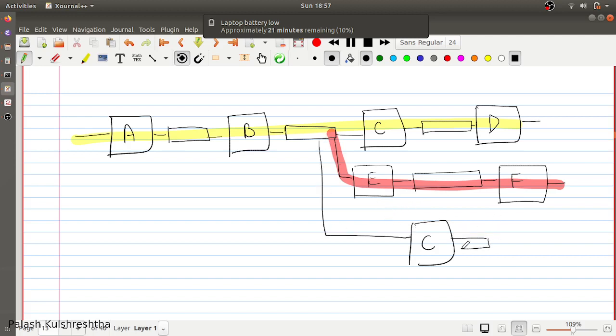Let's assume that it is pushing a message here, and we are basically sending the data from here to here to here, right? So what is happening is, first of all, there is a yellow pipeline where the data is flowing from A, B, C, D. Then there is another pipeline called A, B, E, and F. And then there is another pipeline A, B, G.